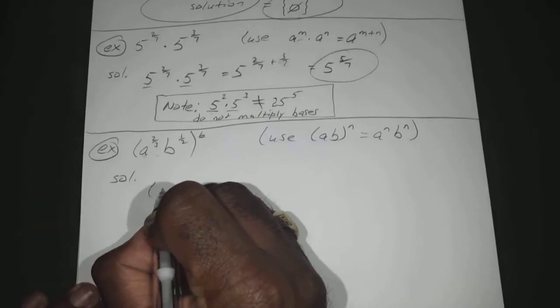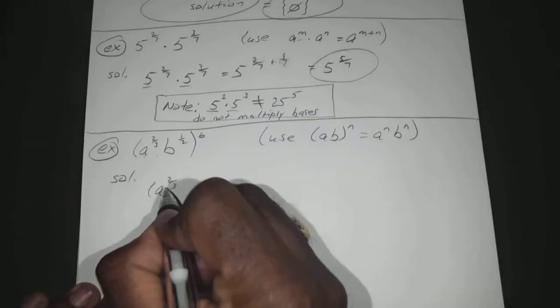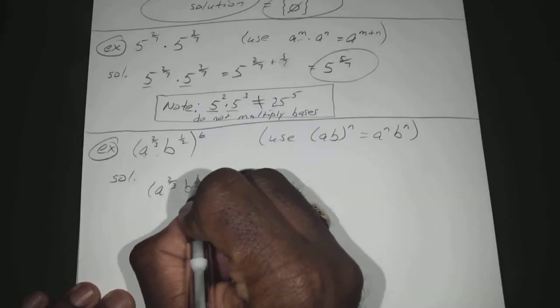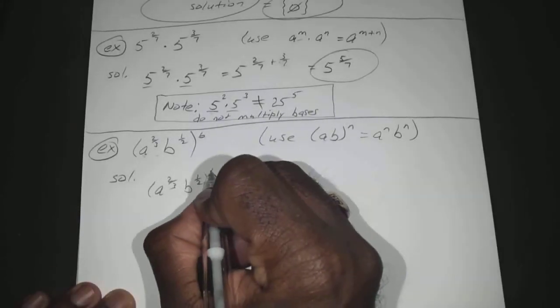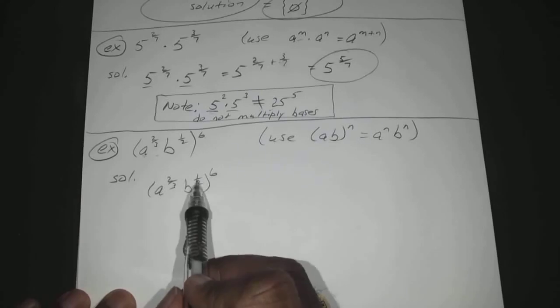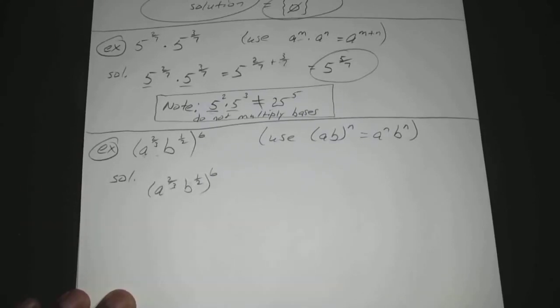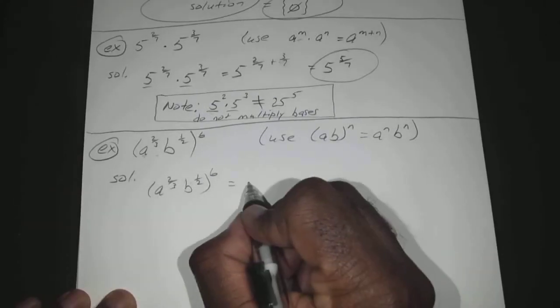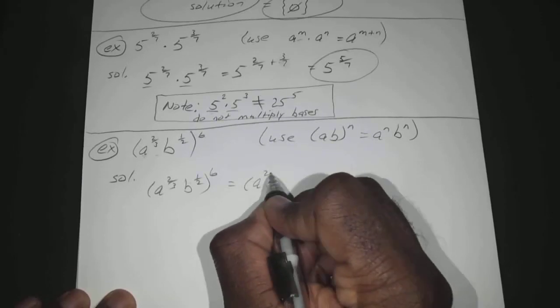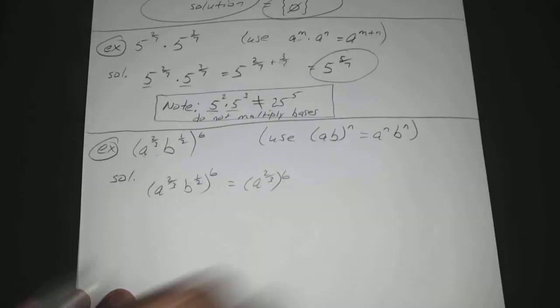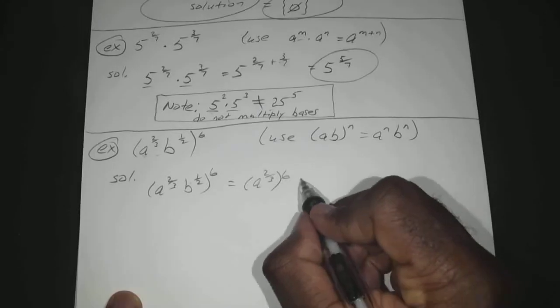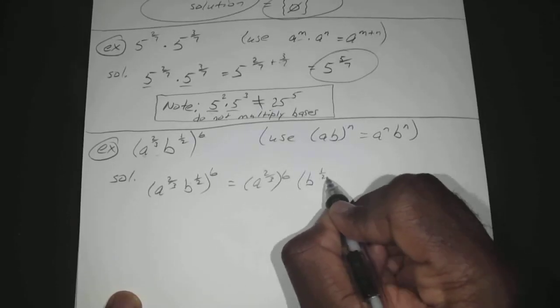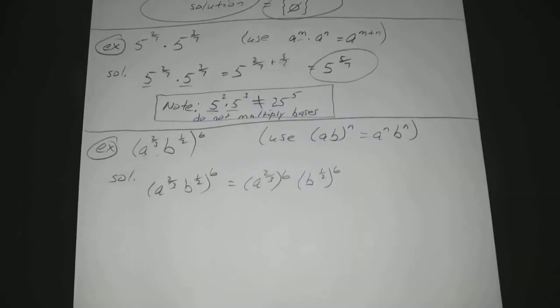So we're just going to distribute that exponent. You have a to the 2/3 power raised to the 6th power times b to the 1/2 power raised to the 6th power.